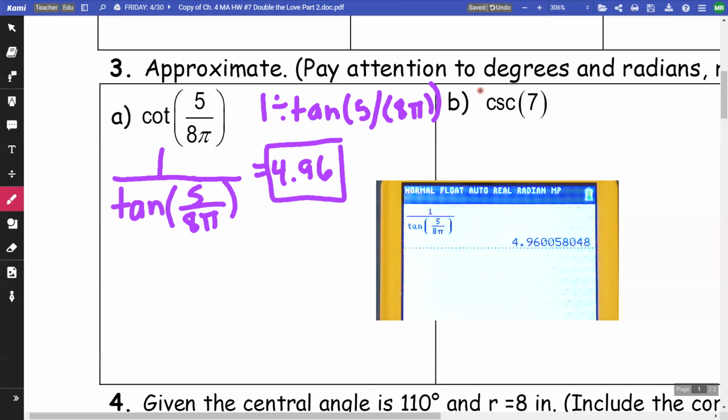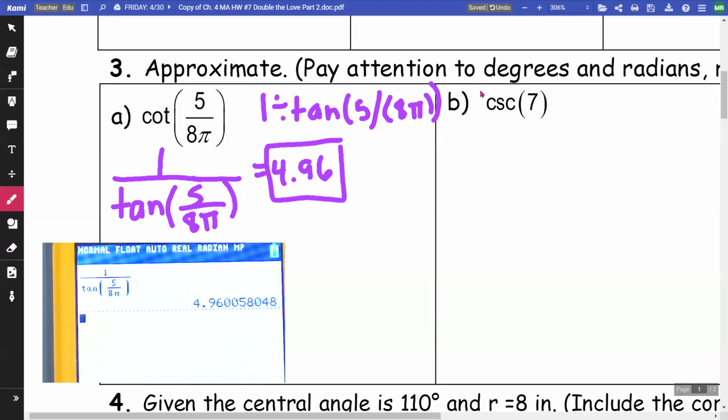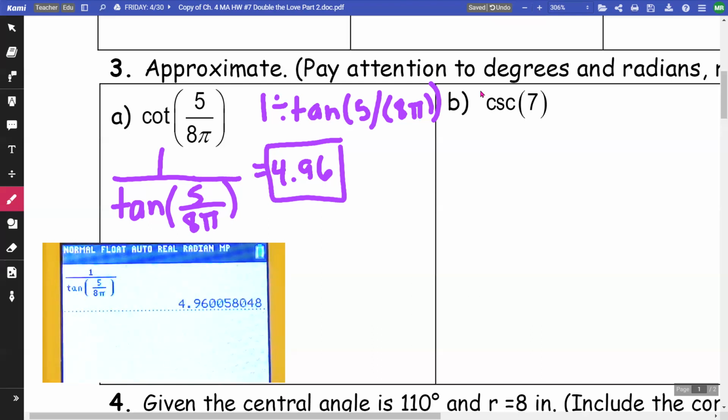Now for this cosecant one, remember, C doesn't go with C and S doesn't go with S, so the reciprocal of cosecant is sine. So I'm going to type 1 over sine of 7.